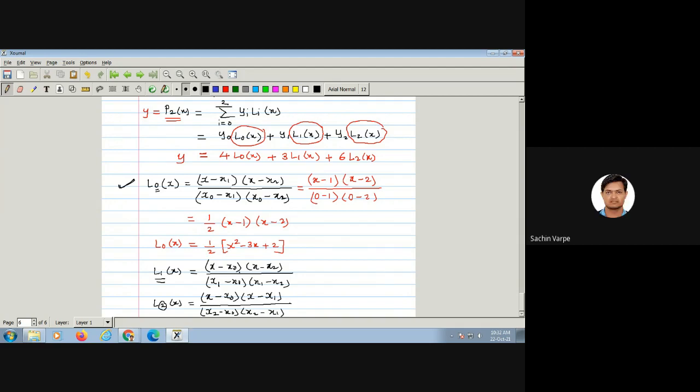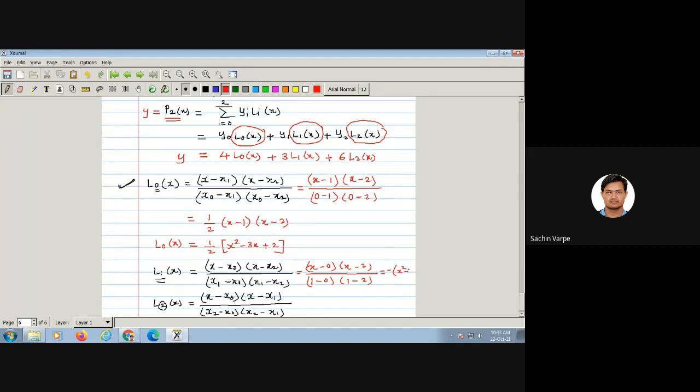So we substitute the values of x0, x1, x2 here also. What we get by substitution here is x minus 0, x minus 2 upon 1 minus 0, 1 minus 2. So how much is this? Here it is minus 1 into 1. So minus x into x minus 2, that is x square minus 2x, right?